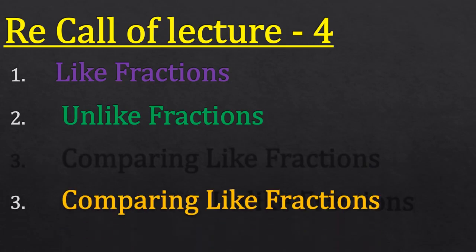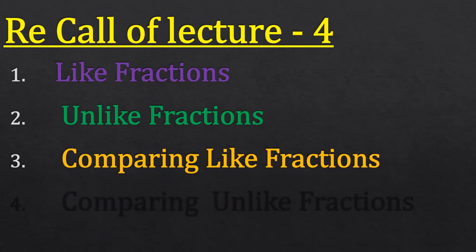Now after that we have learned comparing like fractions. Comparing like fractions is very easy as like fractions are those fractions whose denominators are same. In like fractions, whose numerator is greater, that fraction is greater, and whose numerator is smaller, that fraction is also smaller.